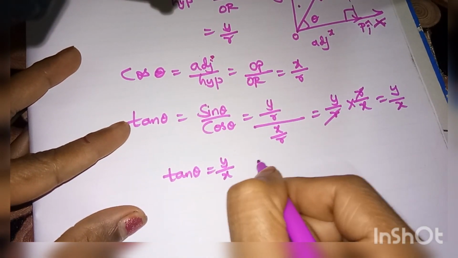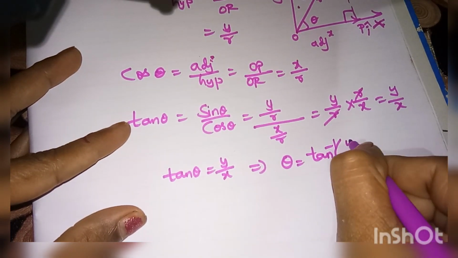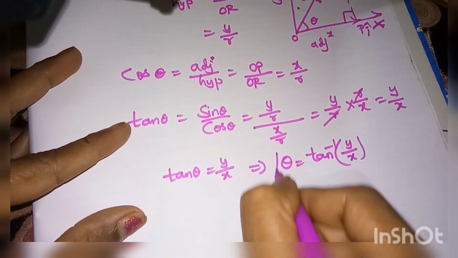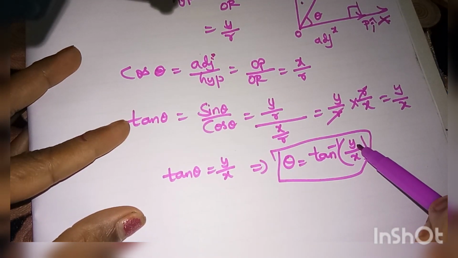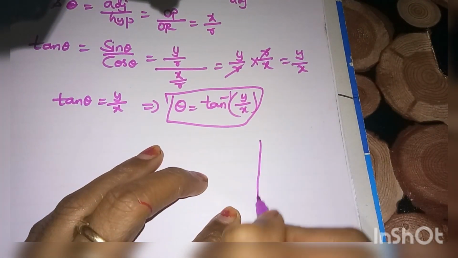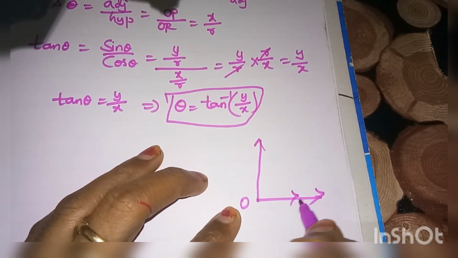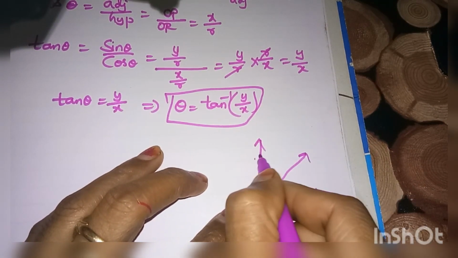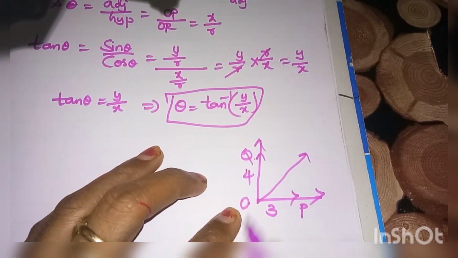But we want the angle theta here. Theta equals tan inverse of y by x. So this is the angle made along the x-axis. y represents the magnitude along the y-axis, and x represents the magnitude along the x-axis. For example, suppose I take O, P, Q, with OP as 3 and OQ as 4.